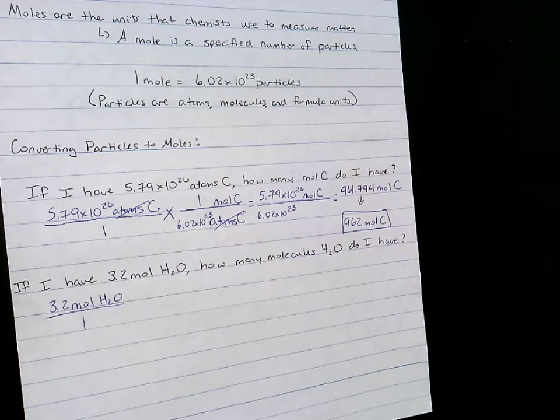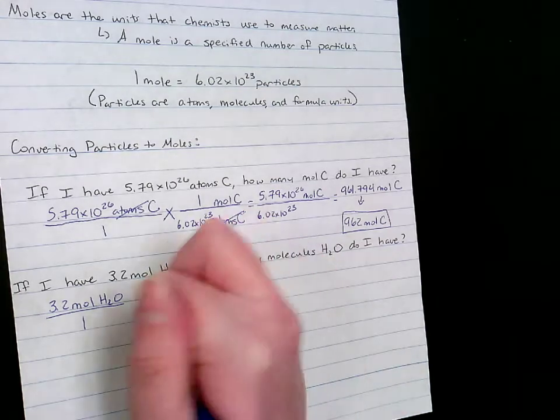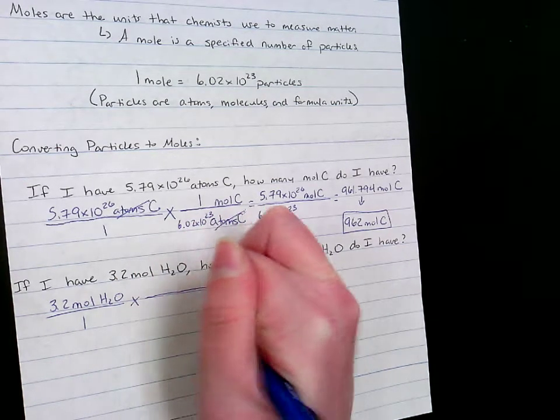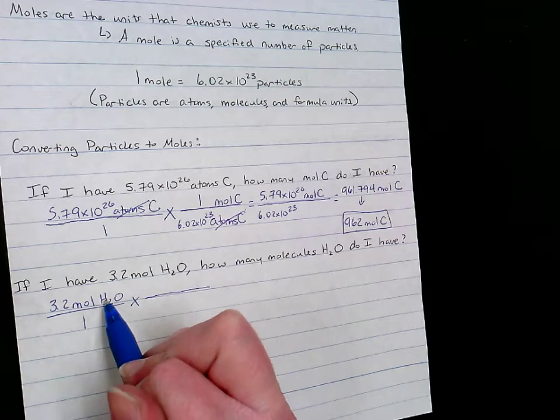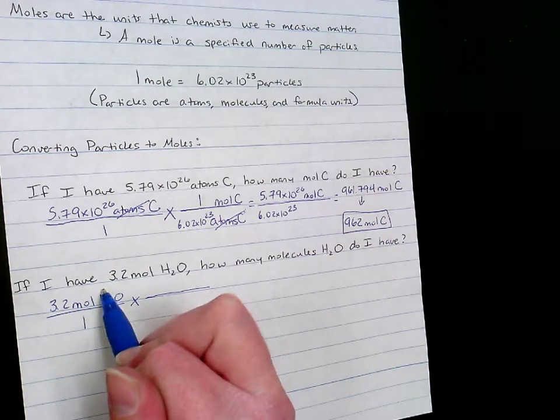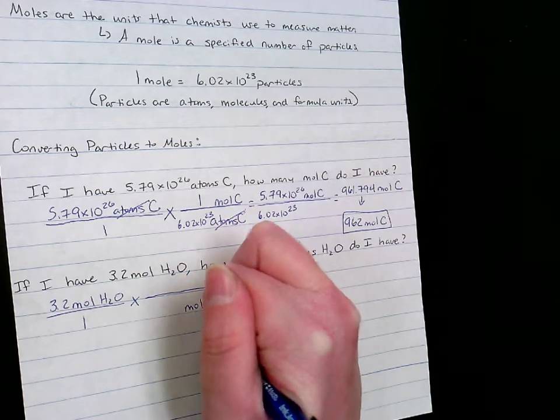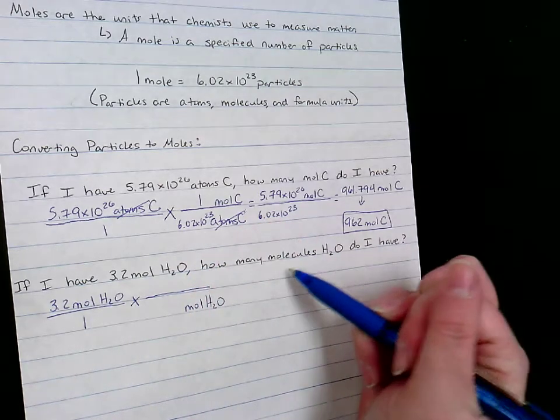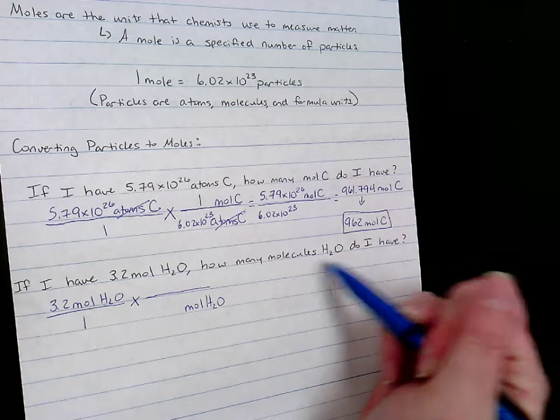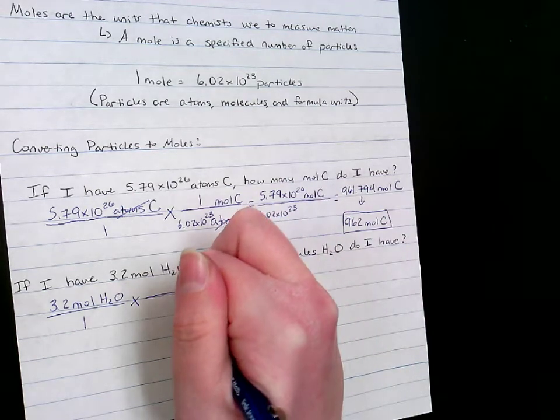I can put that over 1. And now I want to set up my conversion factor so that I cancel out moles of H2O. So moles of H2O, that unit is going to go on the bottom. And then the one that I want, molecules, is going to go at the top.